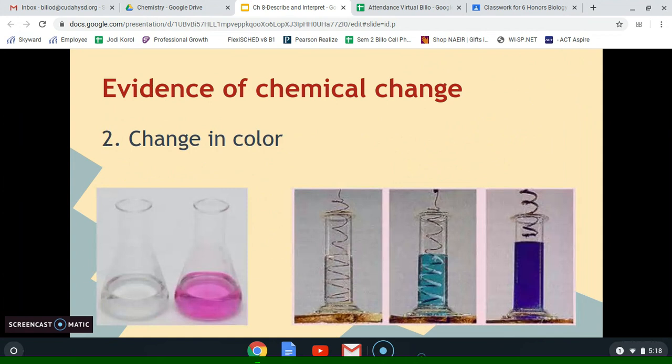In the reaction on the right, what you're seeing there is a copper wire being lowered into a solution of nitric acid. And that nitric acid reacts with the copper to form a solution of copper nitrate, which has a deep blue color. Those are just a couple examples of color change.